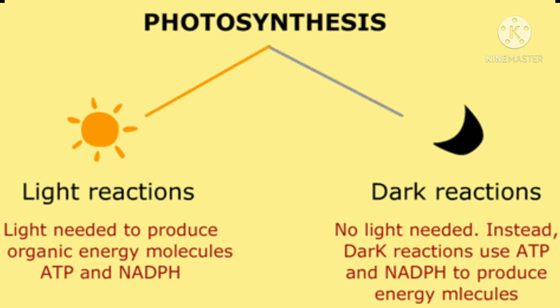And in dark reactions, no light is needed. Instead, dark reactions use ATP and NADPH to produce energy molecules. You will learn about these phases in detail in higher classes. Let's enjoy a video on the photosynthesis process.